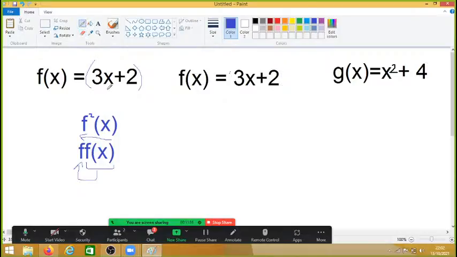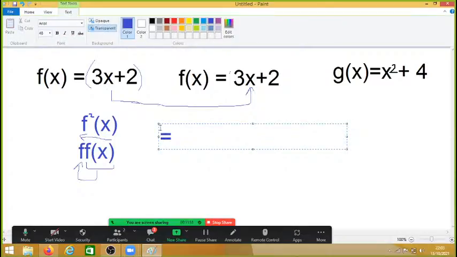The whole thing, the 3x plus 2, that's your f of x on the right hand side. That needs to go into the same function, a new version of f of x, exactly where the x is, exactly where the numbers would go. So that would be equal to, I see the 3 first, then the x gets replaced by the whole 3x plus 2, and then you've got the plus 2.